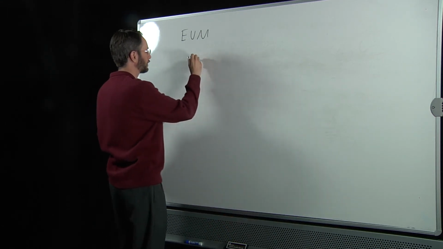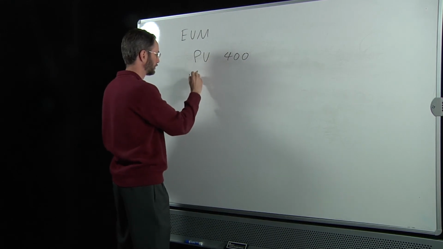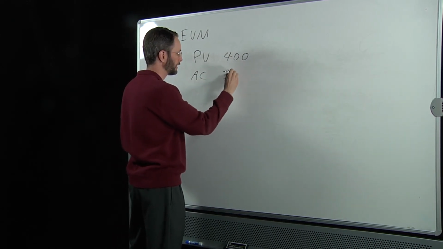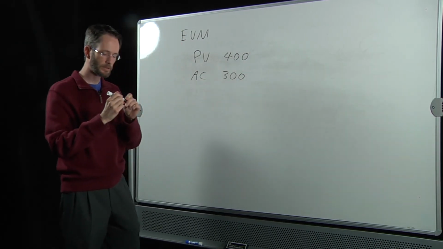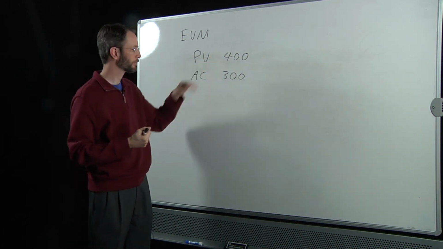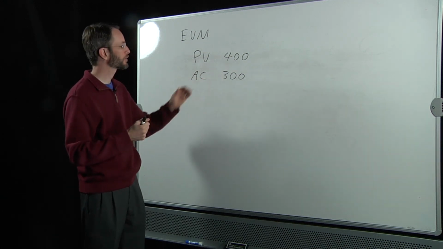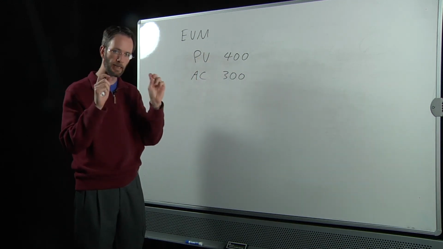So again, so far our planned value of 400, actual cost 300. So at this point you're telling yourself, we plan to spend $400 on this activity to paint the room. We only spent $300, so things look good, right? What you're missing from this equation is the time factor.